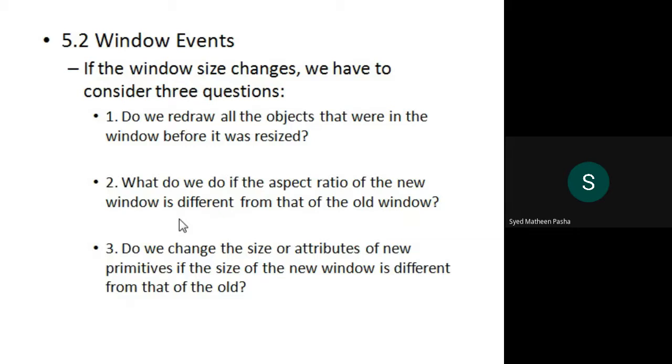Basically, most window systems allow a user to resize the window interactively. That is, as we know, we can change the size of the window in our program. We can change the position of the window in our program. When is this considered? This is done usually by using a mouse to drag a corner of a window to a new location. That is, you are using a mouse with the help of which you are reshaping that particular window size.